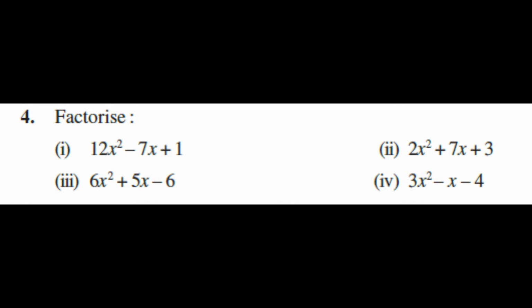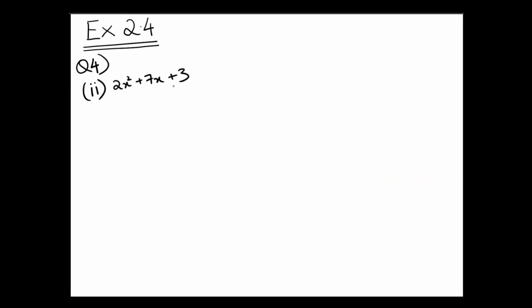The second part to question number 4 is 2x square plus 7x plus 3. Now here we'll try and split the middle term again. However, we need to split 7x in such a way that the coefficients that we get multiply to 2 into 3, which is 6.